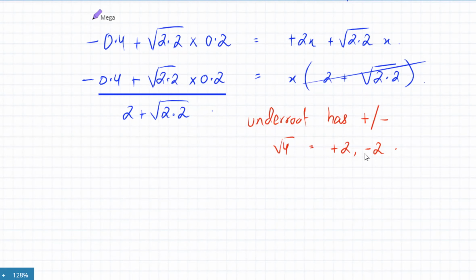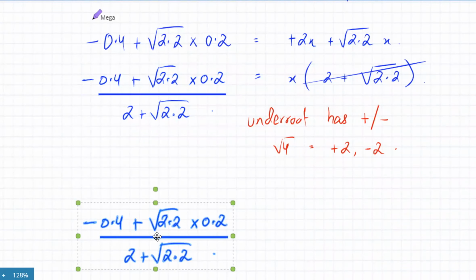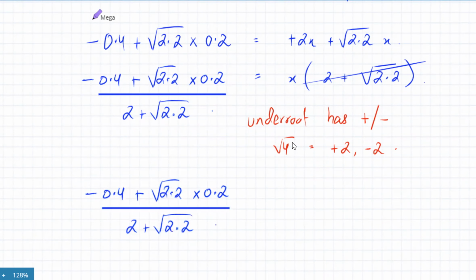Just like under root karoge na, two values aayenge. Both of them would be the same value, except that their signs are going to be different. So when you take this expression for x, there would actually be two values of x. So if I take this other one, instead of this being plus, this would actually be minus, because you could have 2.2 under root and that could be a negative value as well.